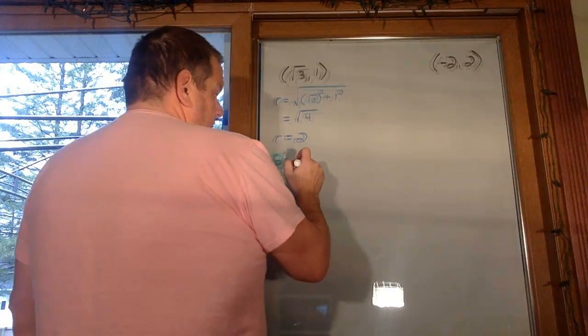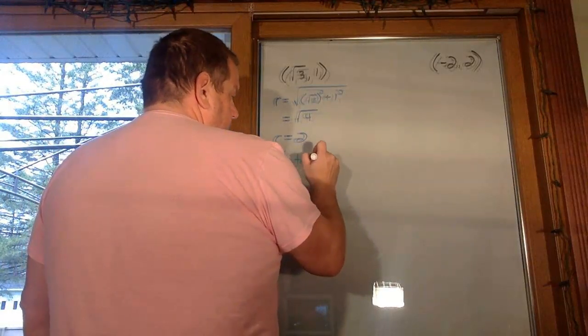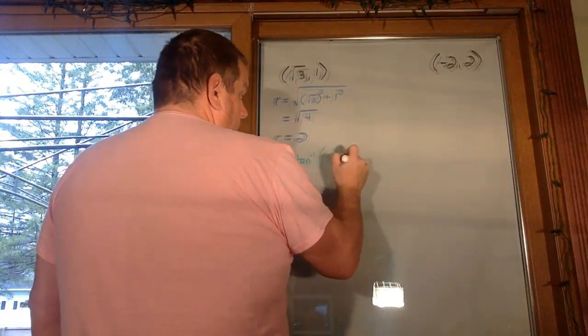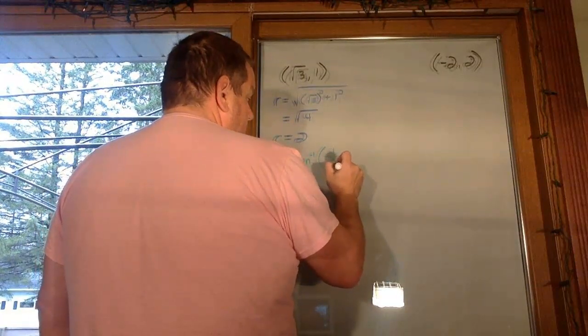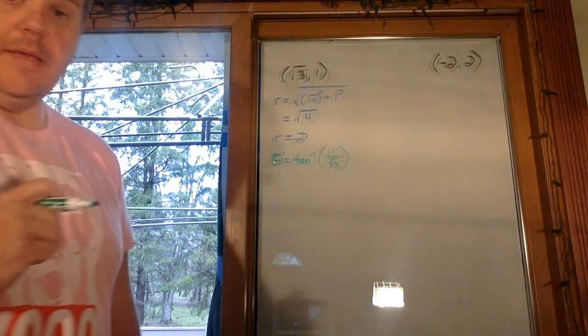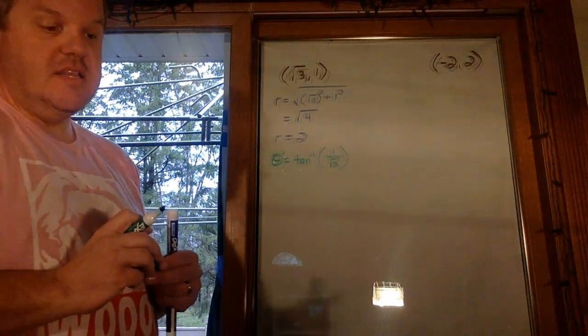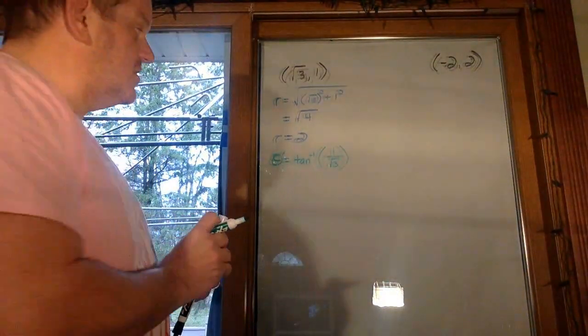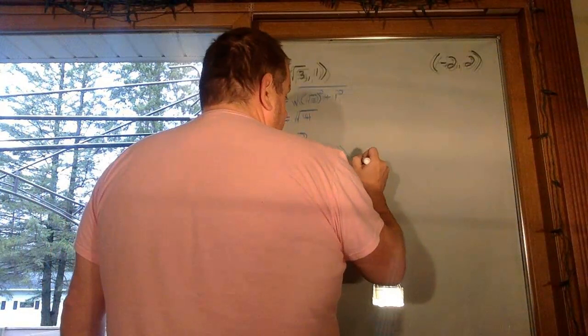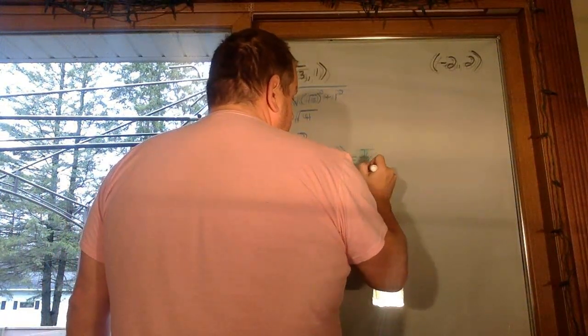Okay? And so that's going to be the inverse tangent of y over x. And so I can find that, and on the unit circle, that's going to be pi over 6. That actually gives me pi over 6.